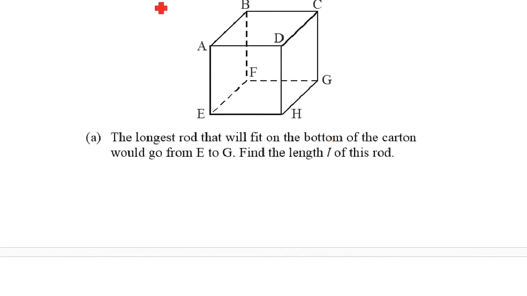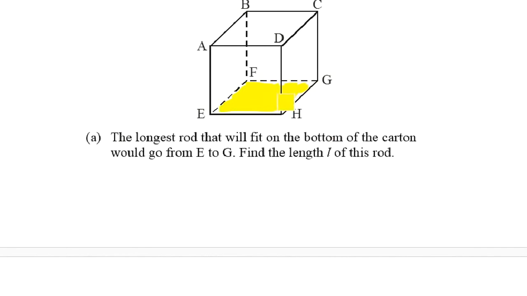Let me show it to you. See, this is a plane. E, F, G, H is a plane. It's made of 4 lines here. So you should know the difference between line and plane.